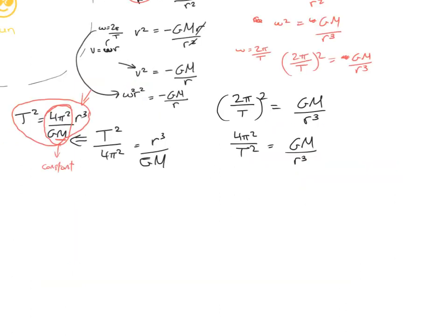Okay, so what would I expect to get if I plotted T squared against r cubed? We look at the equation. T squared is equal to 4 pi squared over GM times r cubed.